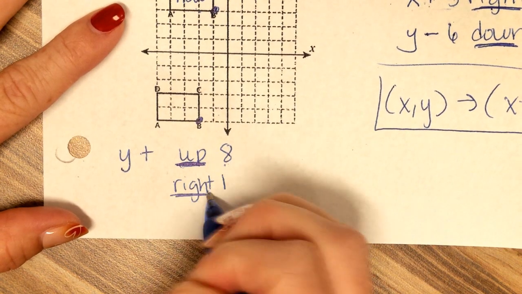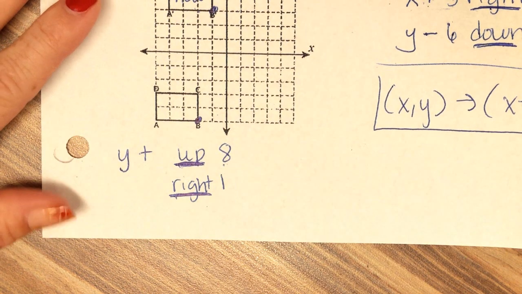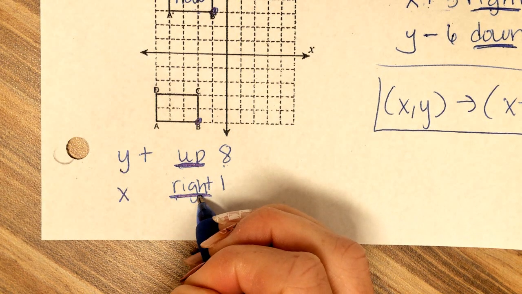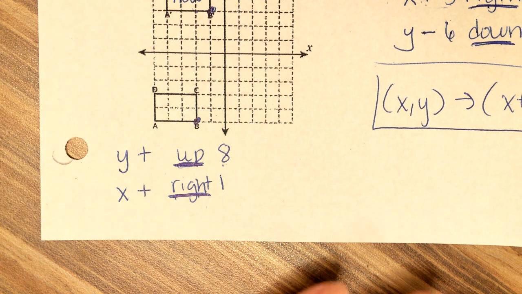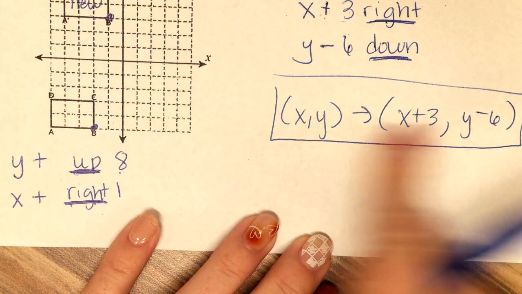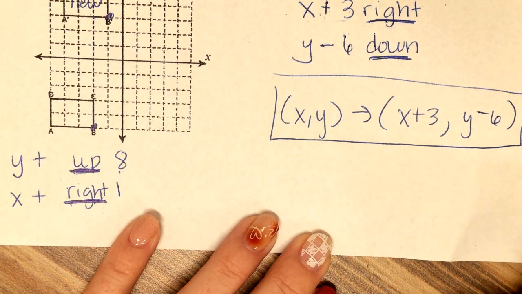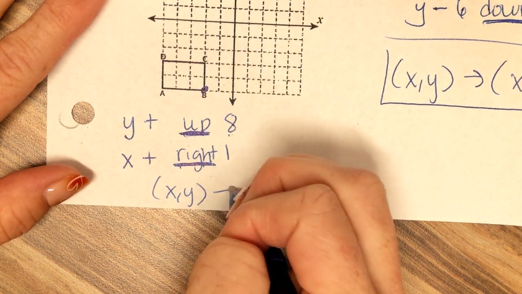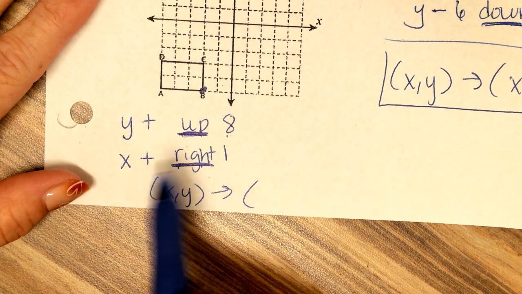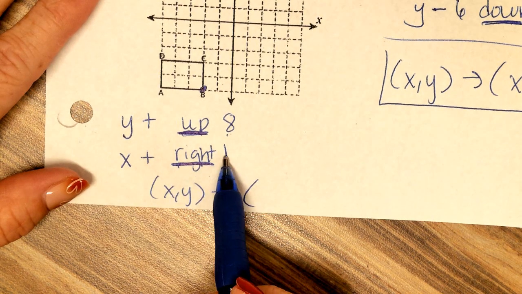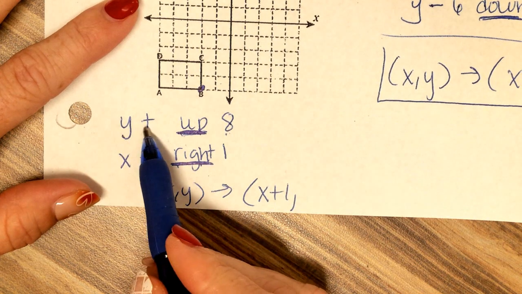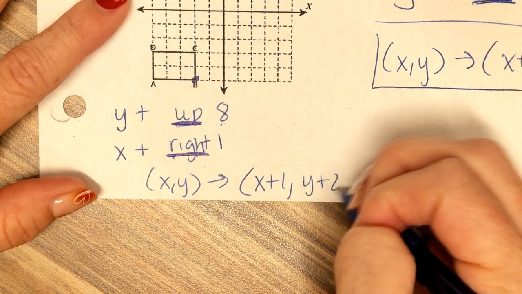Which axis moves right and left? So I put an X here. Is right plus or minus? Plus. Now to finish, I just need my rule to look like this. Are y'all with me? So I write, take my X and my Y, and what am I going to write for the X? X plus 1, comma, Y plus 8, and that's it.